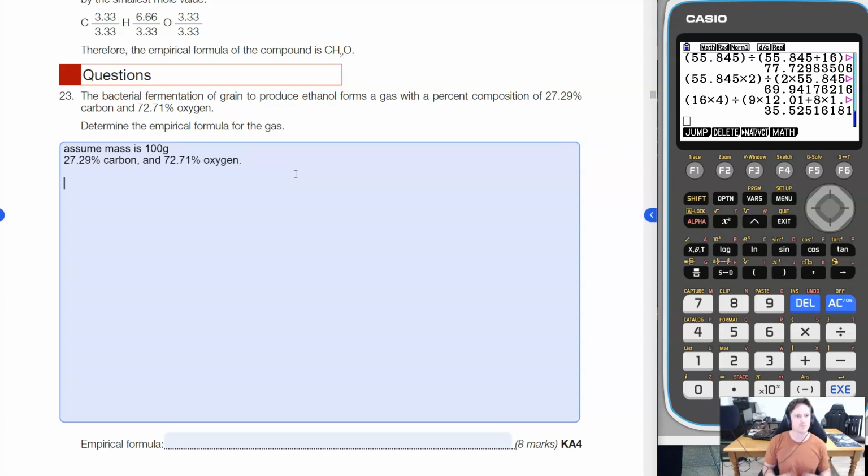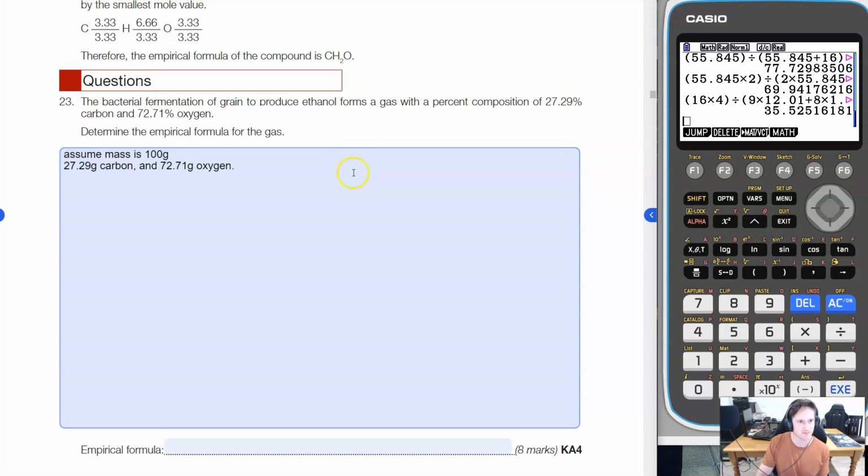Okay, which makes sense because, in 100 grams, because the percentages are like this, if we say the mass is 100 grams, then those masses will match up with our percentages, okay? So that's the first assumption that we'll make, and then we can do the calculation from there, all right?